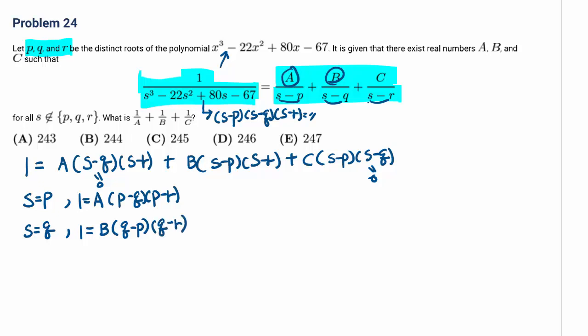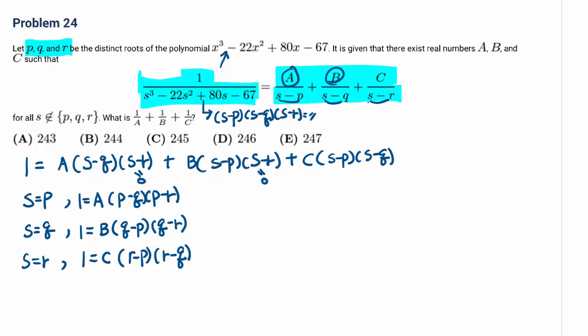Now the next one: if s is r, 1 equals C times (r minus p)(r minus q).